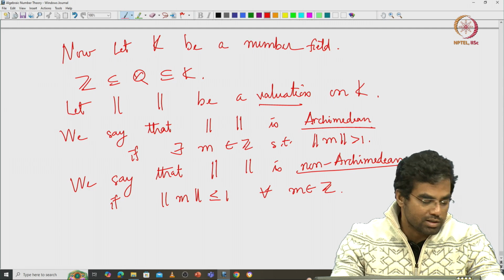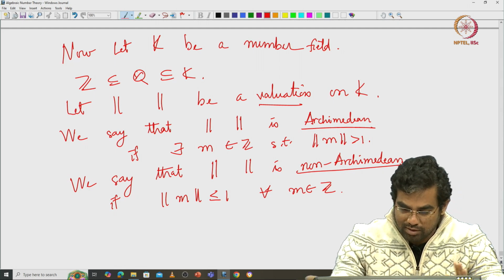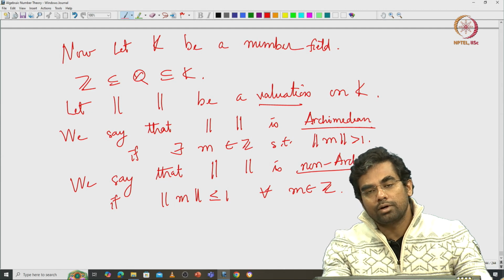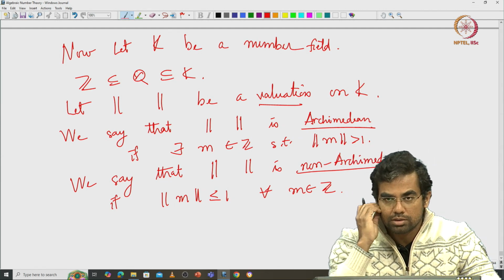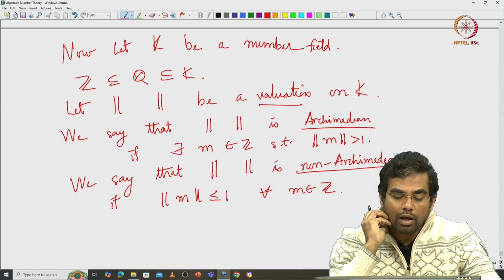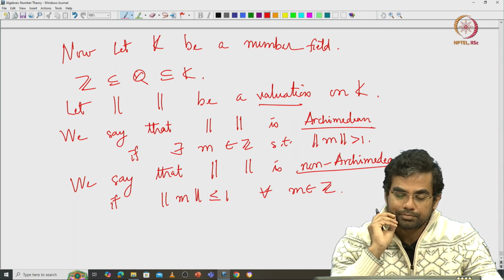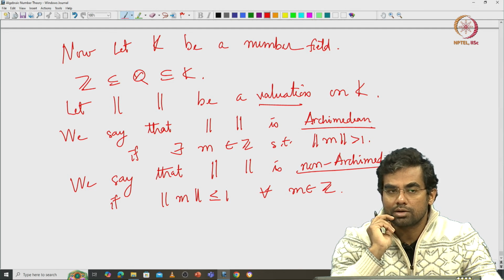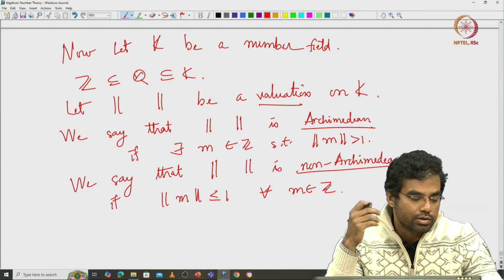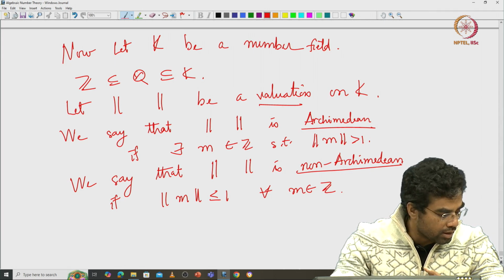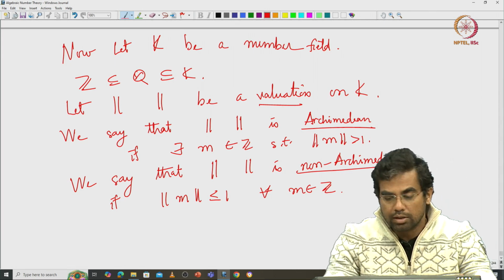The valuation always remains inside a bounded disk. So there are these two very different kinds of valuations that you can define. Even this definition you could make for any field which contains Z, so any field of characteristic 0, but we are going to restrict ourselves to number fields because that is all we are interested in, and we can get a clean answer.